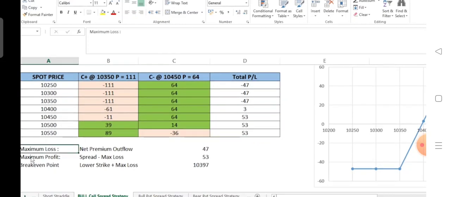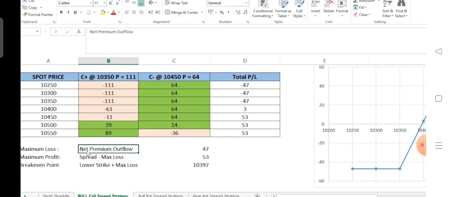So we can say the maximum loss from this particular strategy is the net premium outflow. Since you are buying a call option and simultaneously selling an option, the difference in the premium here is 47 rupees. Overall, you are a strategy buyer because you end up paying a premium.